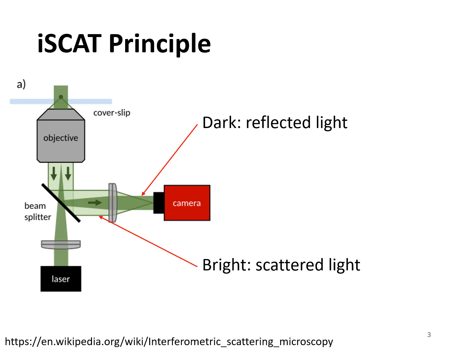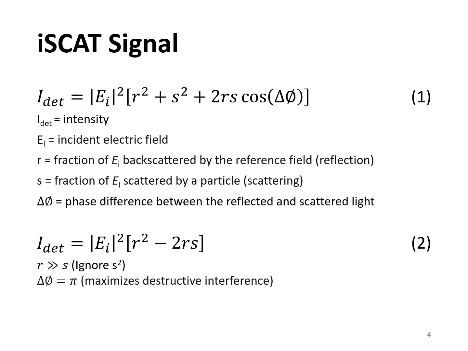The scattered light produced by the illuminated particle is focused on a camera and interferes with the reflected light, thereby enhancing the signal. Here, we introduce the formulas related to the iSCAT signal.